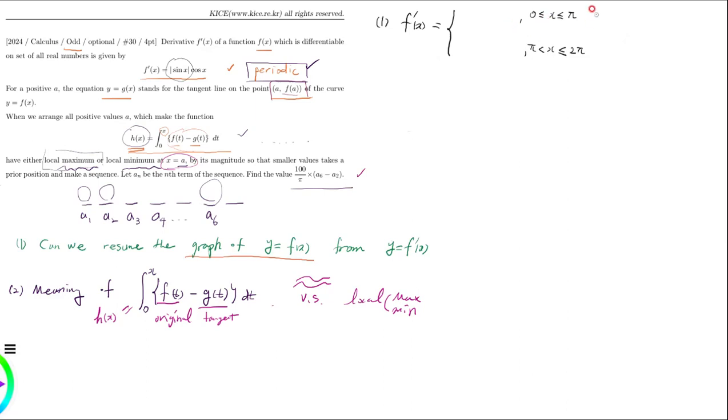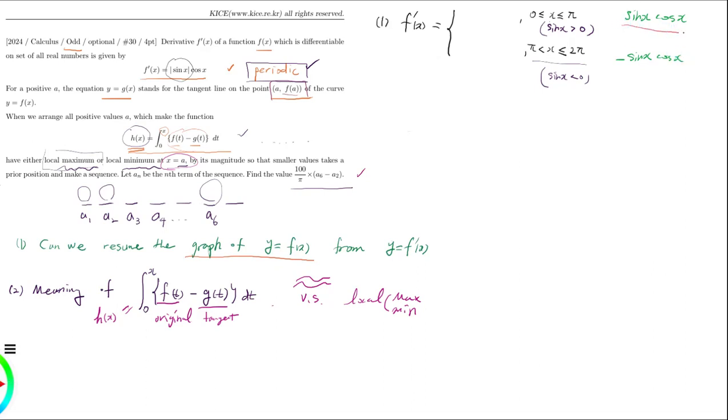In this region, sine of x is positive. In the third or fourth quadrant, the sine of x is negative. So the derivative is sine x times cosine x. The below one is negative sine x times cosine x.